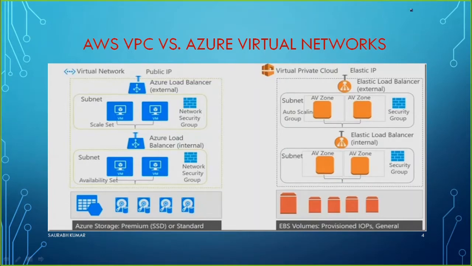When you are using Azure type of cloud, it is called a virtual network. Here we call it VPC, virtual private cloud, which we are learning right now. So you see the term is different, but inside the components are going to almost remain same.